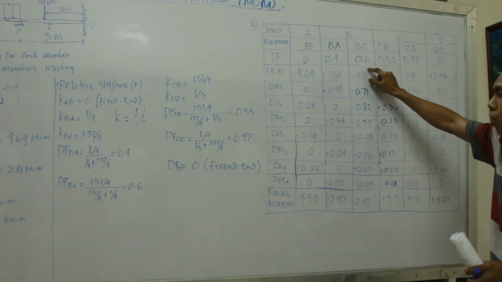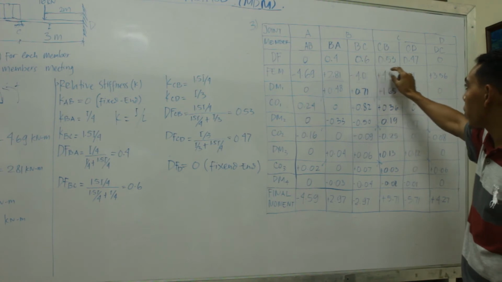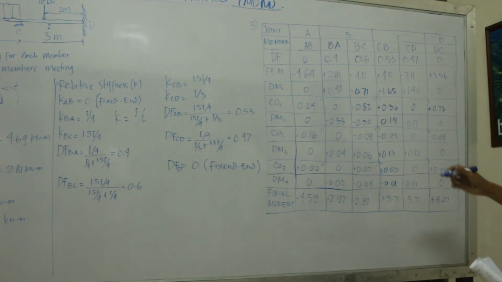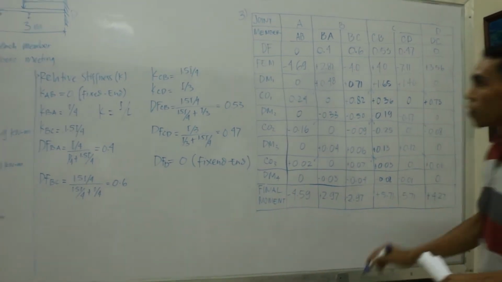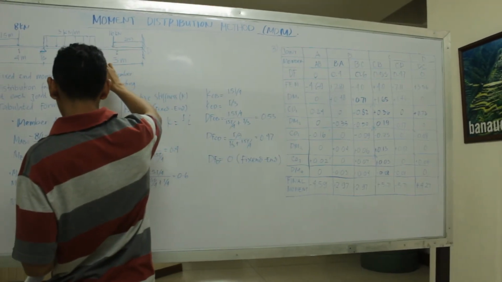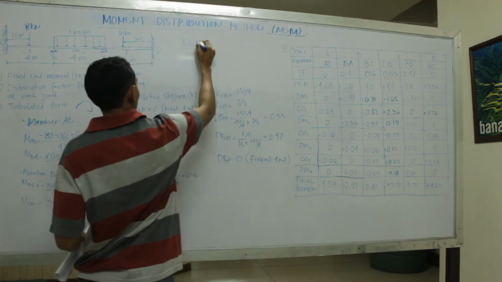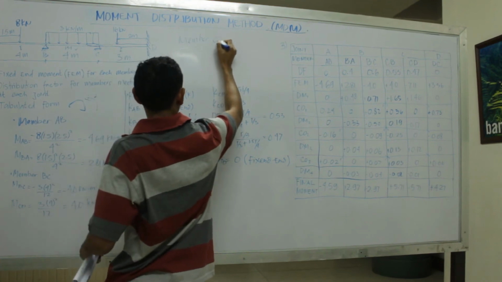Here we have negative 4 kilonewton meter, and here we have positive 4 kilonewton meter. And also I forgot to solve for this one, member CD.